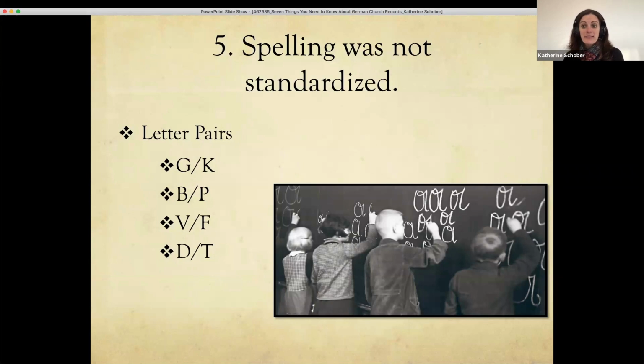So that meant that in the past, before spelling was standardized, these sounds would get confused with one another all the time. So if your last name has a B in it, try looking for it with a P as well. If your last name has a T in it, look for it with a D, and so on. And this will significantly help you to find your last name in church records.